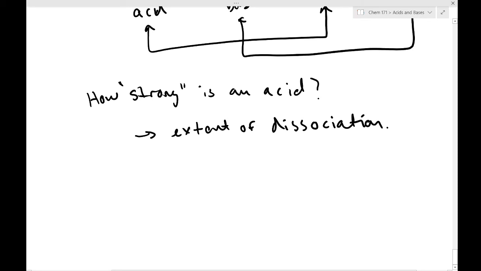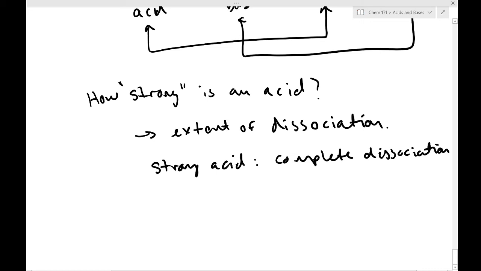If you have what's called a strong acid, you have complete dissociation. If you have a weak acid, you have incomplete or partial dissociation.